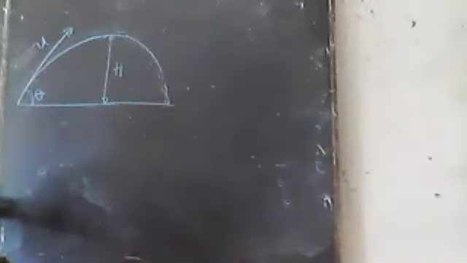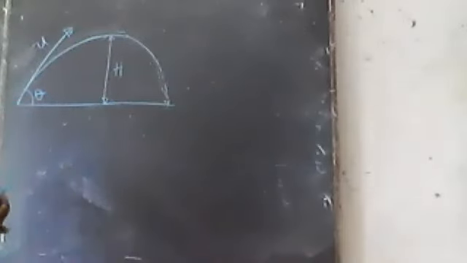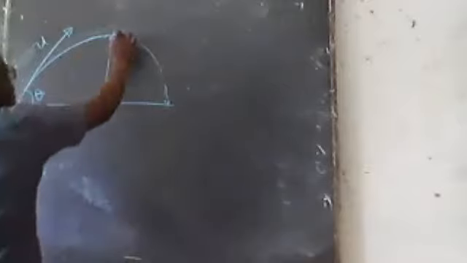Like we saw in motion under gravity, at the point where the body is making the U-turn, the vertical component of velocity is 0.